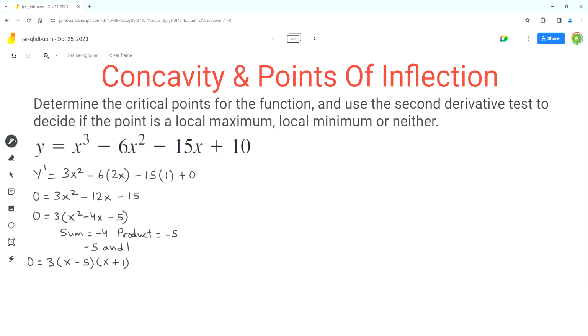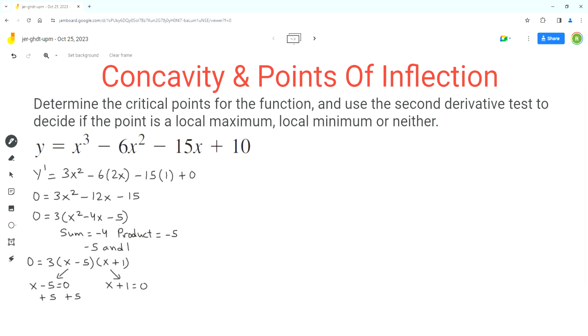Now we can set each factor equal to 0 and solve for x. In the first case, we can isolate x by adding 5 to both sides.